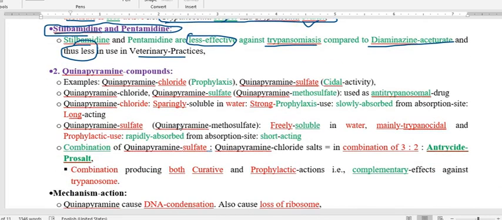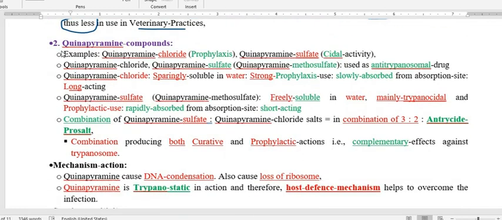So this is about the first group that we have finished, the aromatic diamidines or simply diamidines.